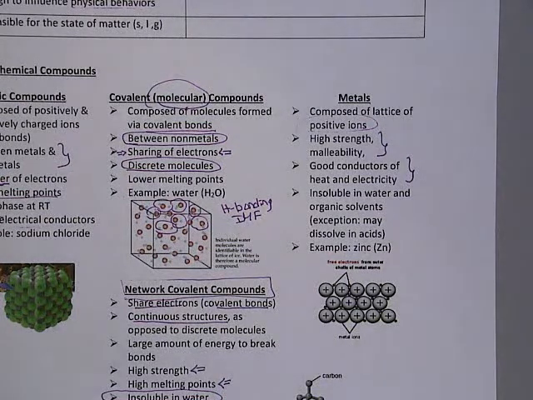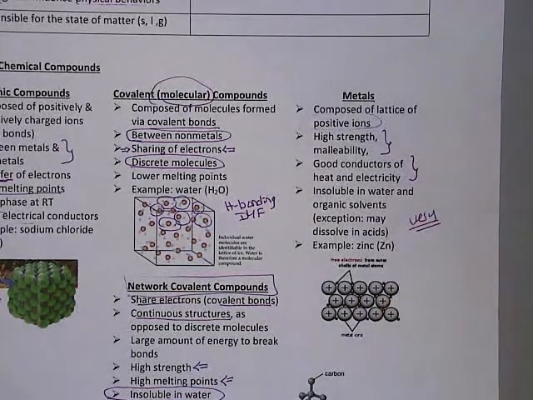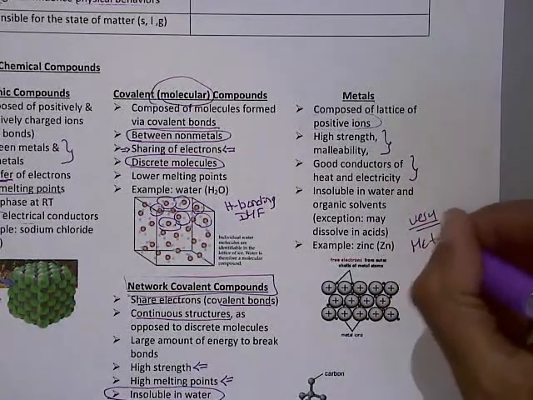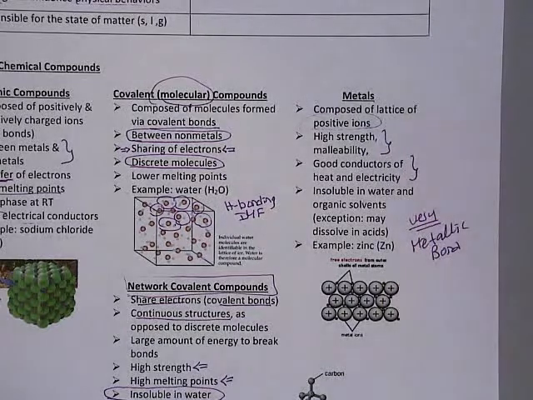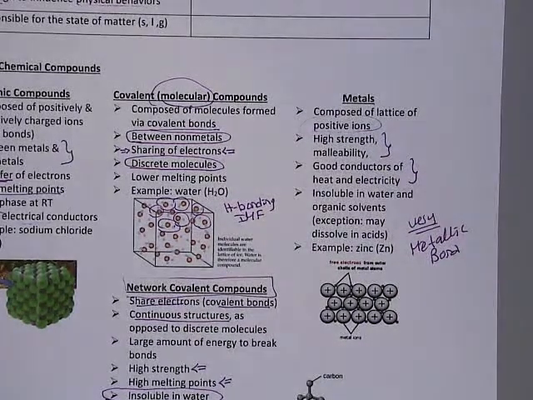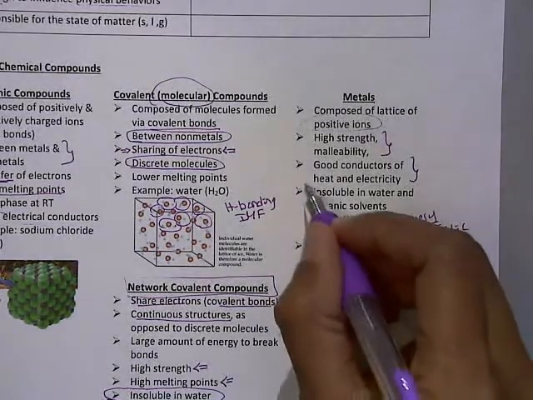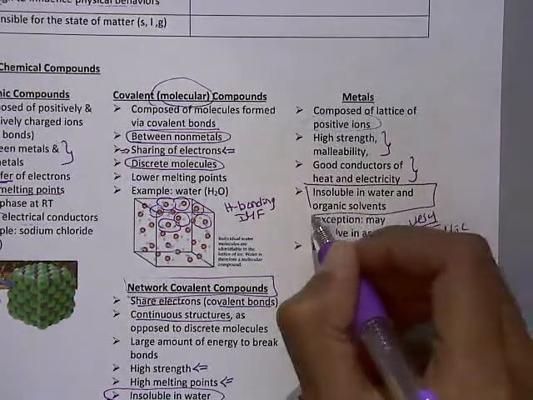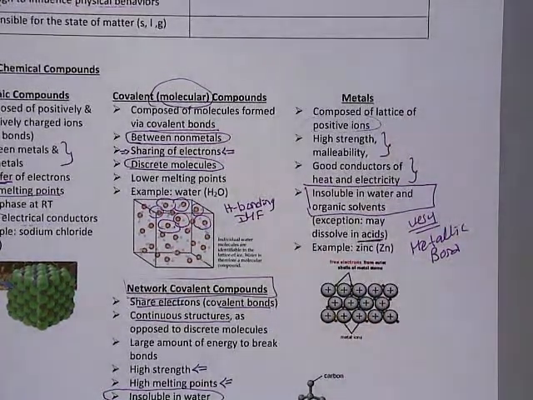So now we're involving the nucleus of these atoms, and that results in the strongest type of bond, which is a metallic bond. And that results in very high melting points, great conductivity. Another thing to note is metals are insoluble in water and organic solvents. Some exceptions are that metals can actually dissolve in acids.